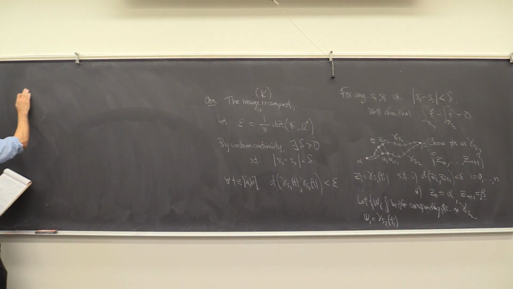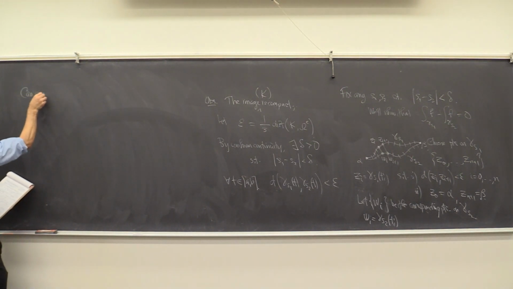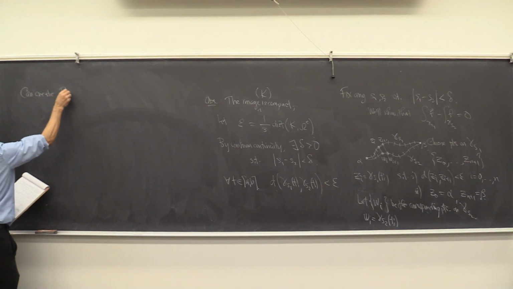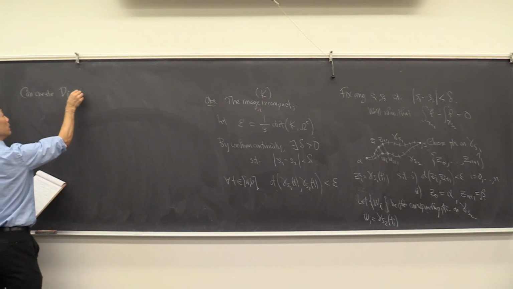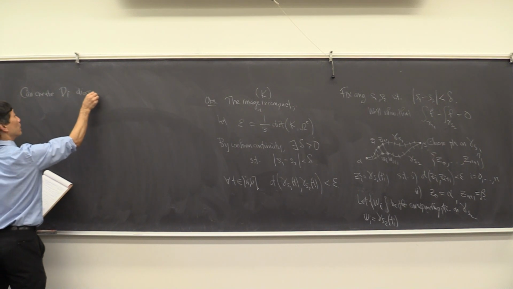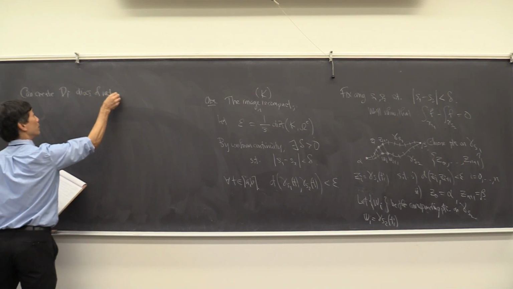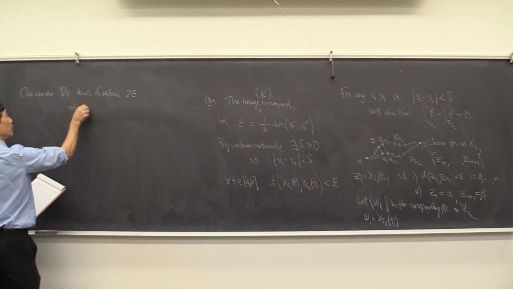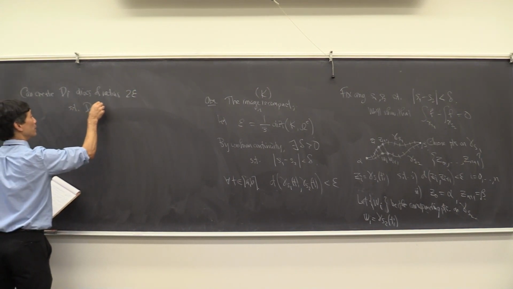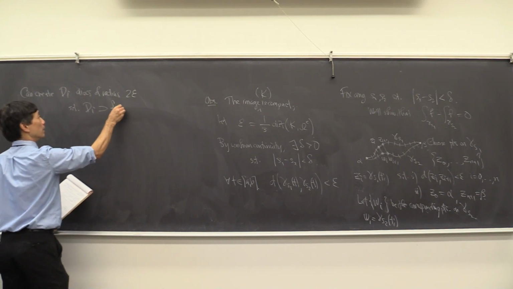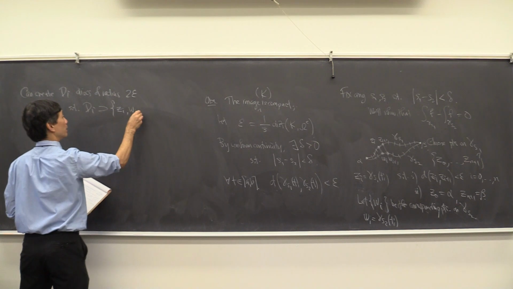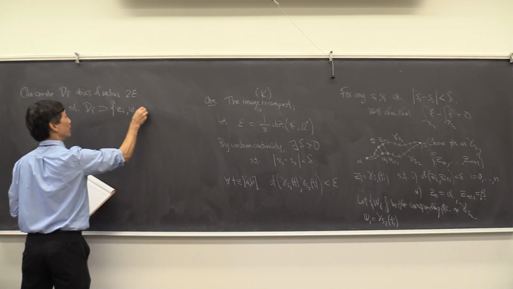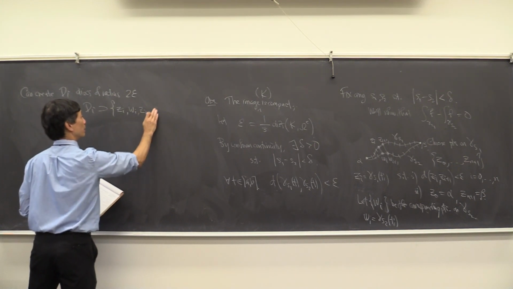So we can create disks D sub i of radius 2 epsilon, such that each D sub i contains z i, w i, z i plus 1, w i plus 1.